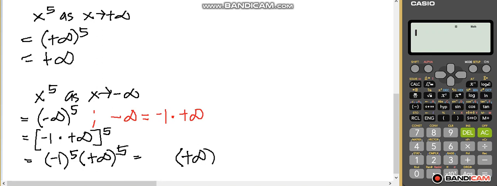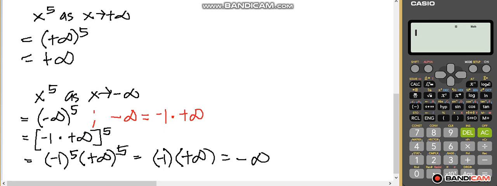Negative number, you raise that to an odd exponent, negative number pa rin yan. So, negative 1, imumultiply mo siya ng 5 beses, ang sagot ay isang negative number. Since negative 1 raised to 5 is equal to negative 1, then ang magiging syntax nung sagot natin is negative 1 times positive infinity. So, negative 1 times positive infinity, that is equal to negative infinity.